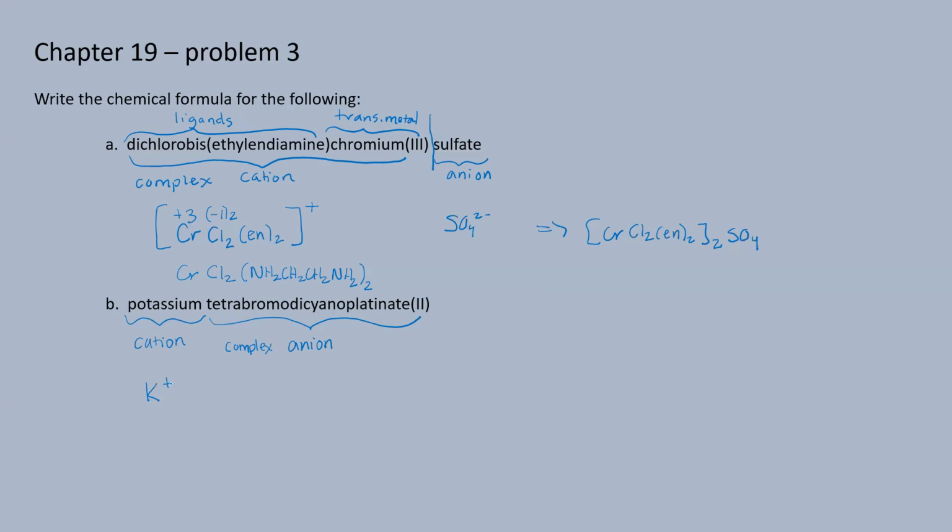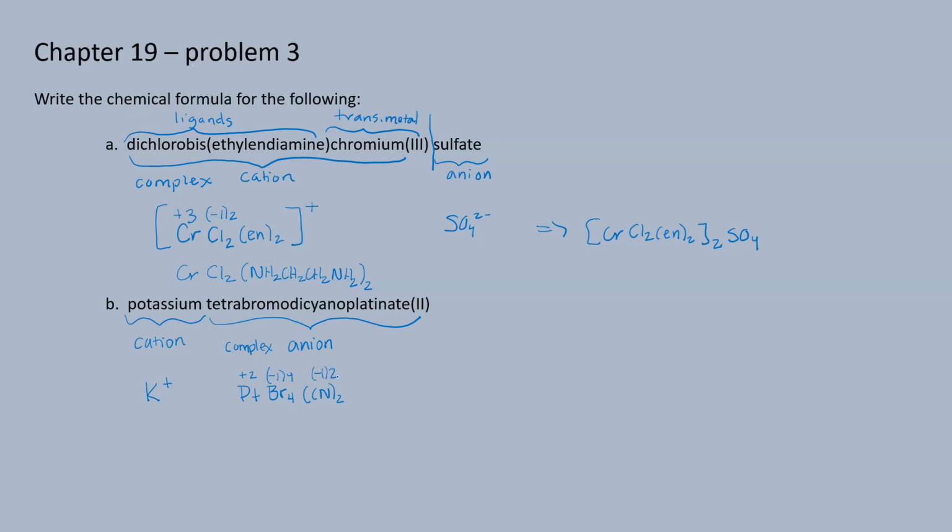Tetrabromo dicyano platinate 2. So our transition metal is platinum. And let's keep track of the charges. So that's +2. Tetrabromo. So we have 4 bromines. Those are -1 each. And then dicyano. Those are also -1 each.